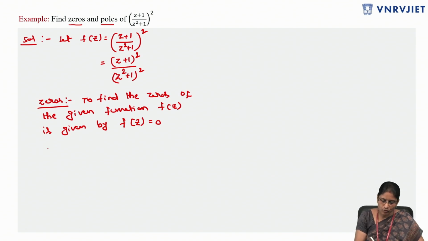So f of z is equal to 0 means, what is f of z? f of z is z plus 1 whole square by z square plus 1 whole square equal to 0.